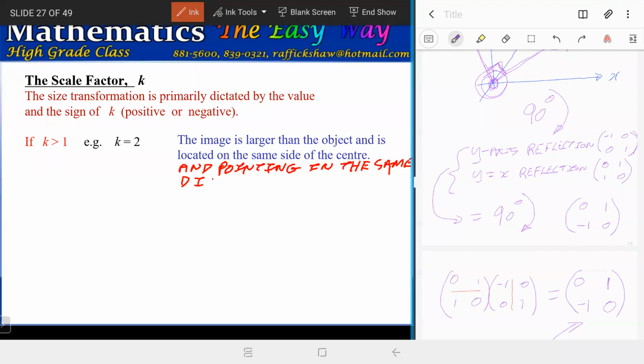So the 2 makes it larger, and the positive sign causes them to point in the same direction, and both of them are on the same side of the center.